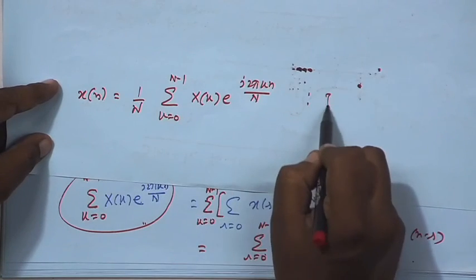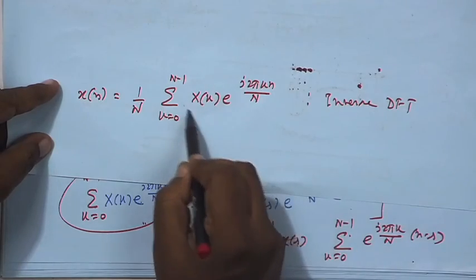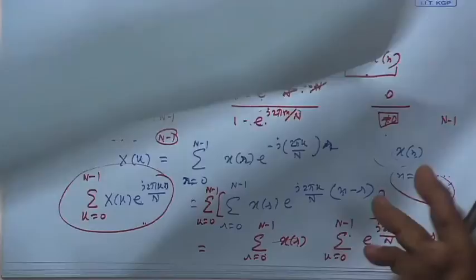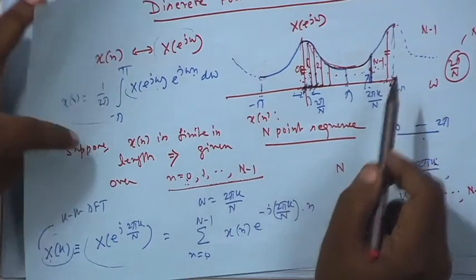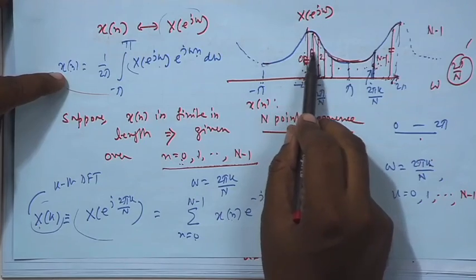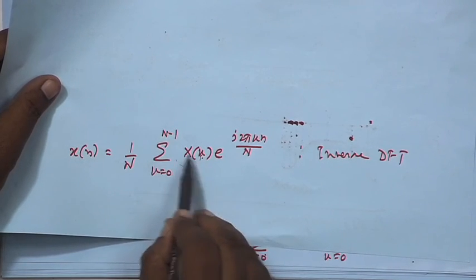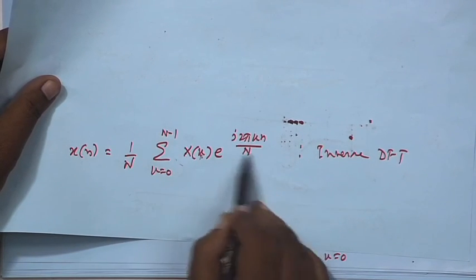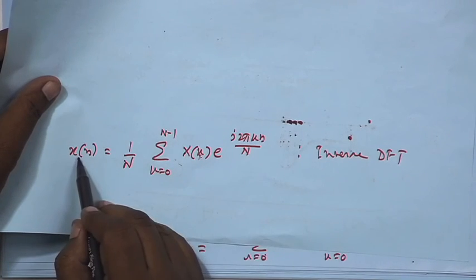This is called the inverse DFT. That is, if N samples of the DTFT are available with me, that is capital X 0, capital X 1, capital X 2 up to capital X N minus 1, I can run a summation where k is varying, multiplying capital X 0, capital X 1 and so on by this factor. Here k is varying, and n is your choice from outside.